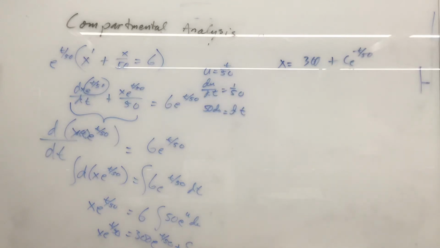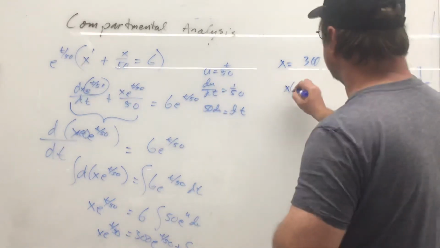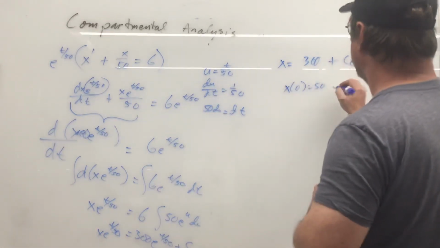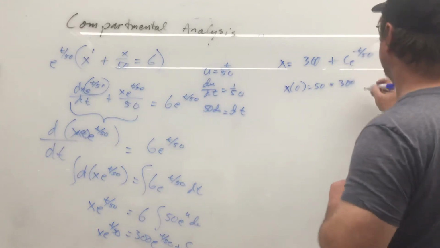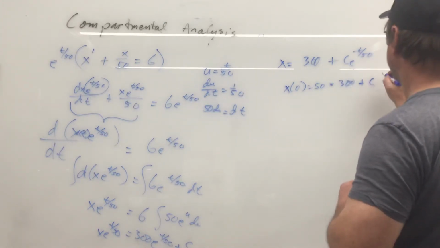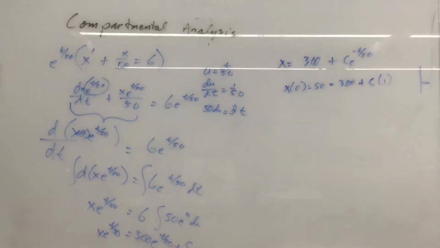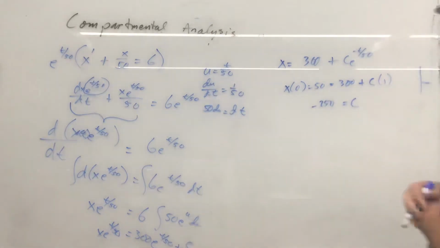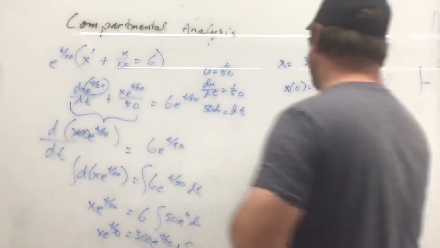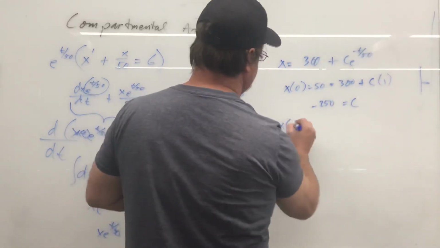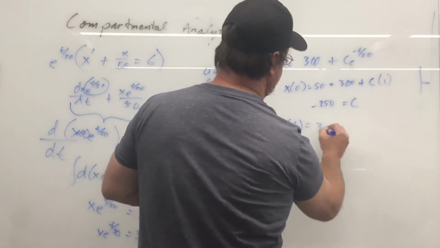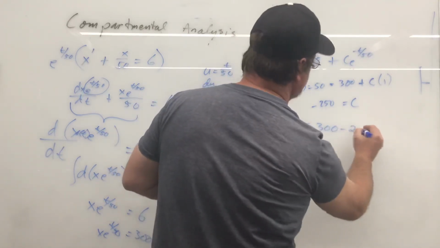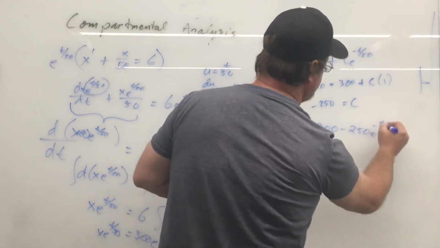At time equals 0, I said there's 50 pounds of salt in a 100-gallon tank. So at t equals 0, x of 0 is 50, and that equals 300 plus c times 1, because e to the 0 is 1. And therefore c equals minus 250. My total expression here, x of t, is then 300 minus 250 e to the minus t over 50.